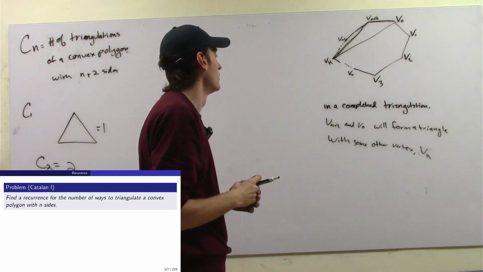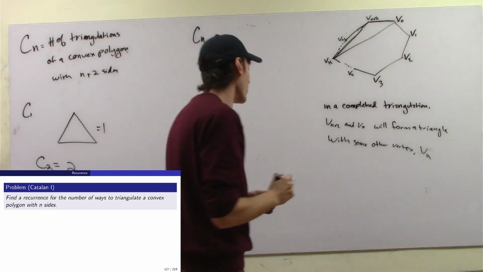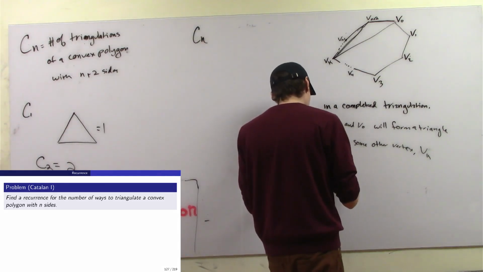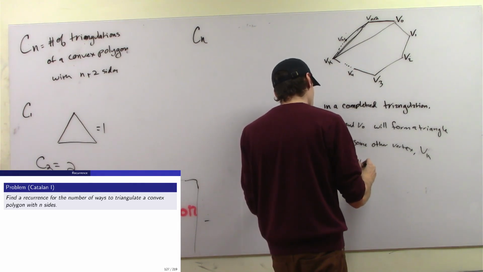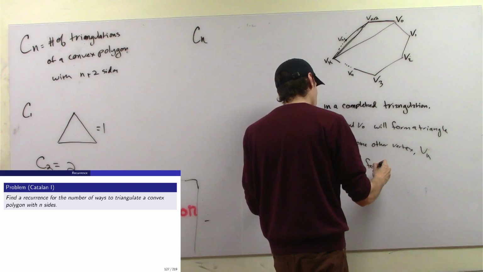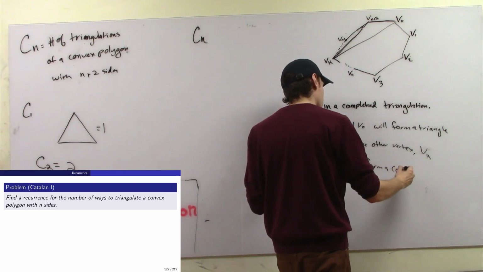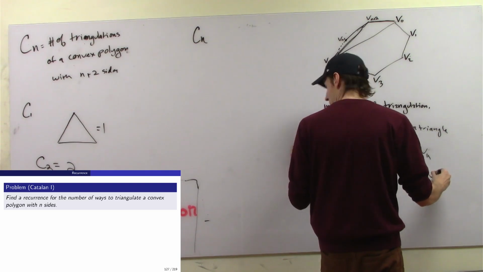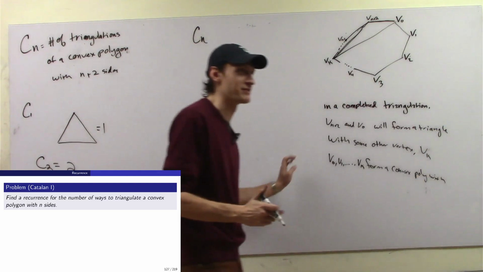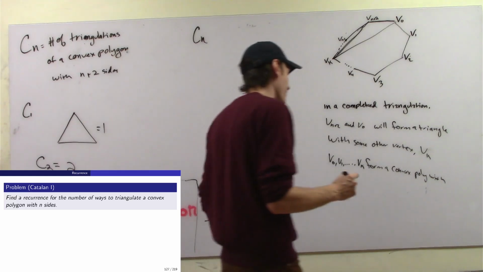Okay. So what is this? v0, v1, up to vk form a convex polygon with, every time you laugh, I have to check the board now.